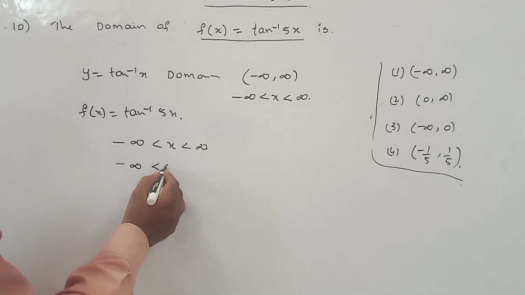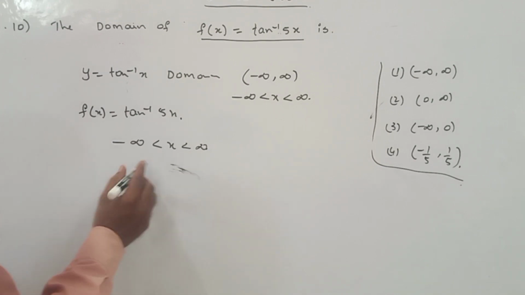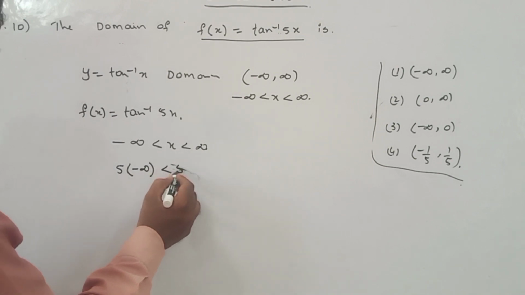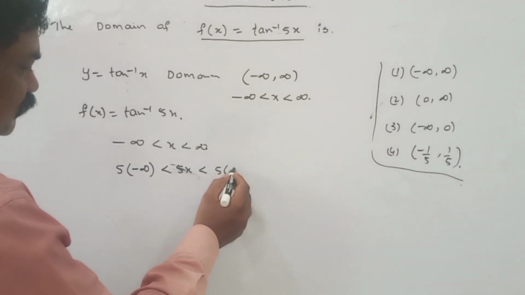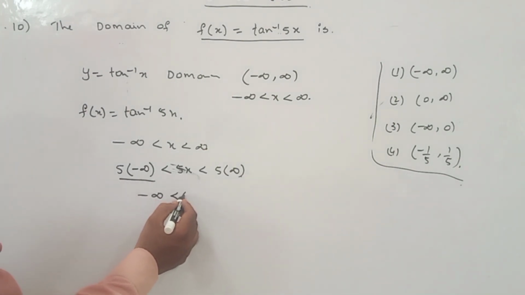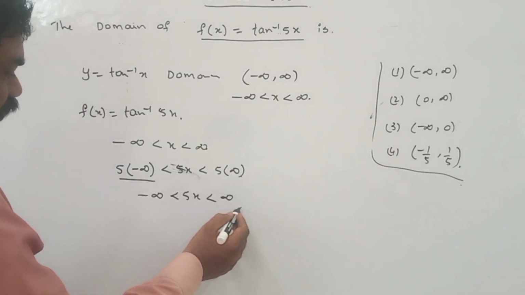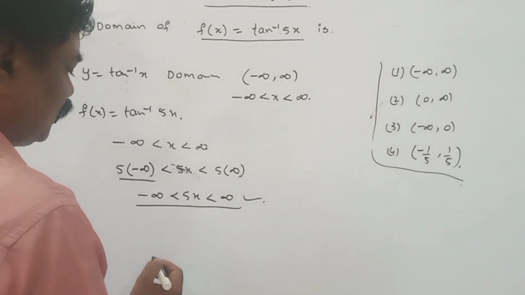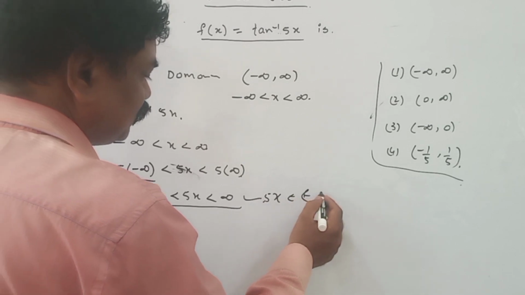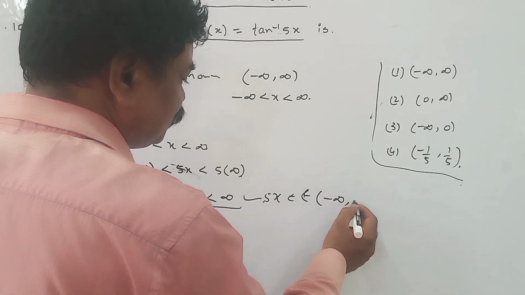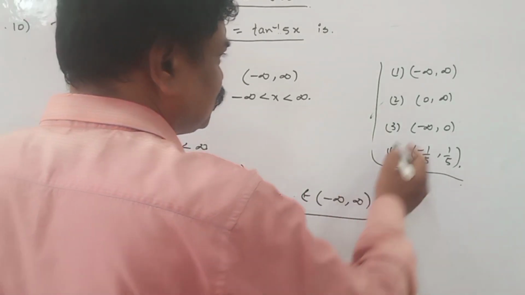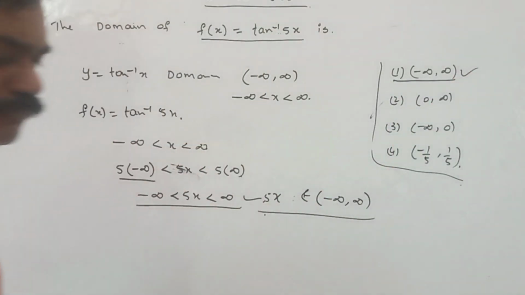Minus infinity less than 5x, or 5 into minus infinity less than 5x less than 5 into plus infinity. So what is the value? Minus infinity less than 5x less than infinity. So we have 5x belongs to the open interval minus infinity to infinity, which is the domain of the function. So we have option 1 as the answer.